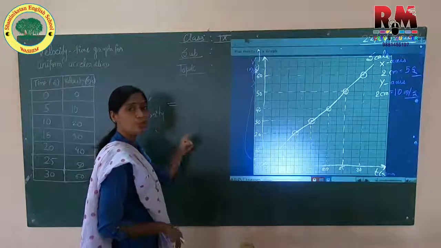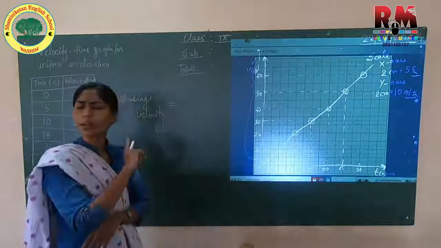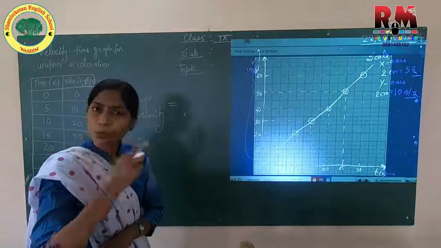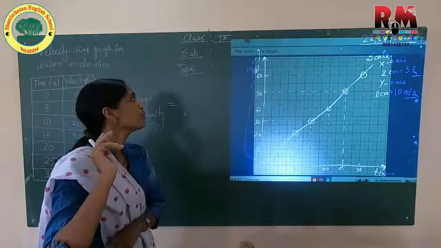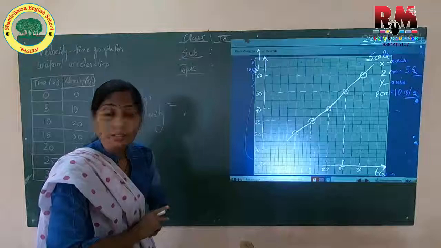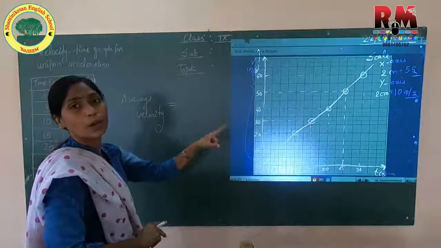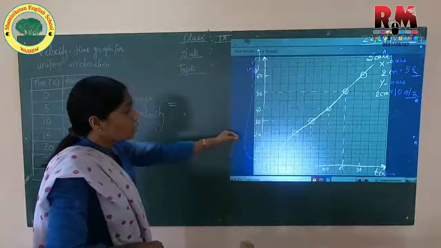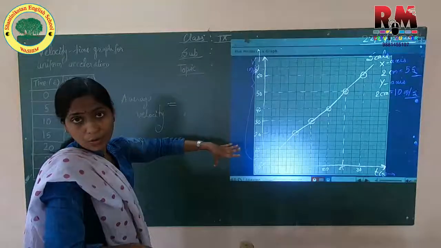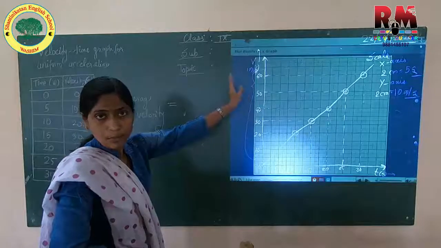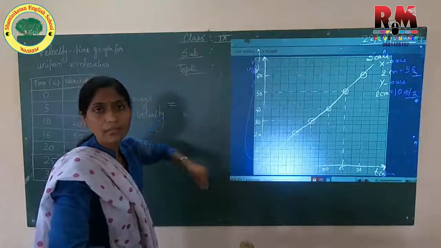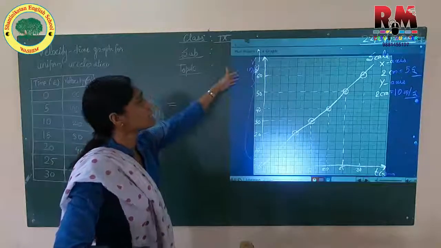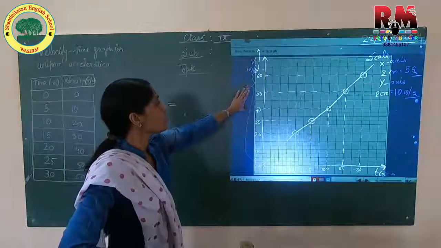And if we do not have uniform, means non-uniform motion, non-uniform speed or non-uniform acceleration, for that purpose you have to find average differently. What is the method? Plot all the velocity, number of total time or total distance given for speed. So only for average velocity you have to consider this.